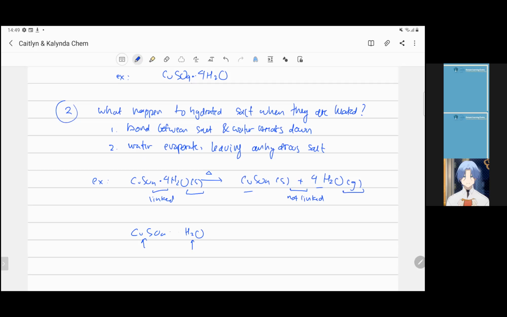And the weakest is the bond between the salt and the water itself. This is the strongest, this is the second strongest, and this is the weak one. Hence, when we heat them, the weakest part breaks first. Okay, clear enough?